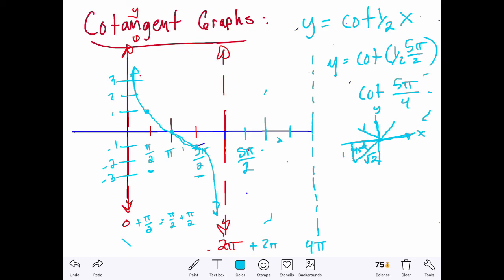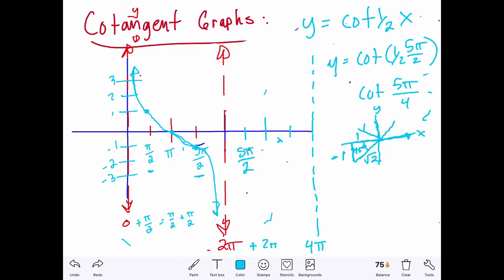Okay, so tangent here, but remember, this is positive 1 comma negative 1 there, right? So that would be 1 over, well, it would be negative 1, right?